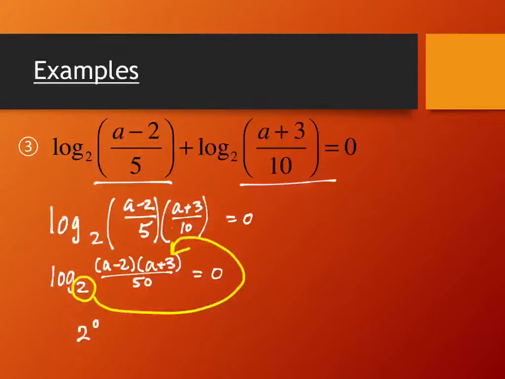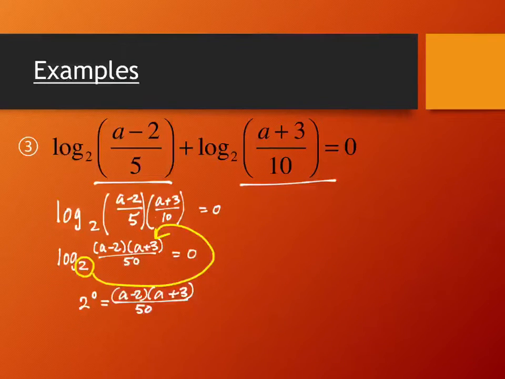It's 2 to the 0 equals, and then I have a minus 2 times a plus 3, which it looks like we might actually have to multiply out here in a moment. Let's see. Over 50. What is 2 to the 0? It's 1. So it equals 1 on the left.